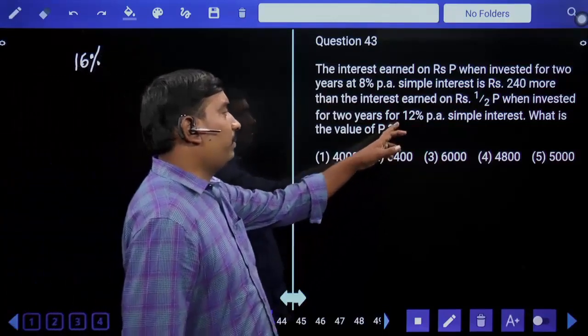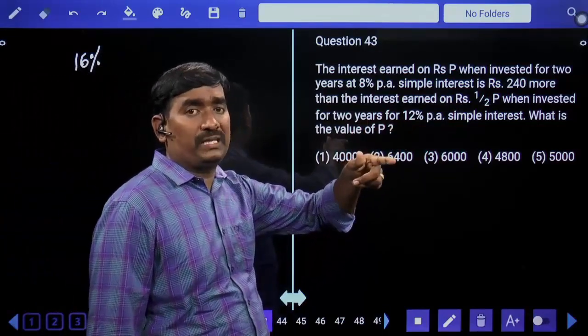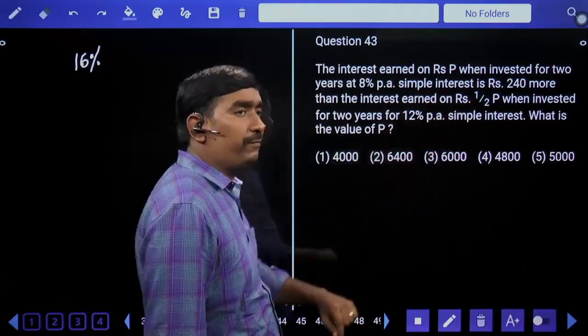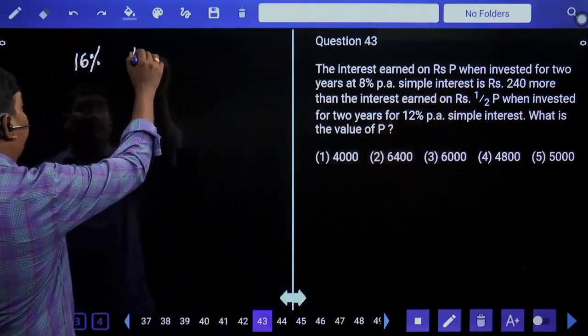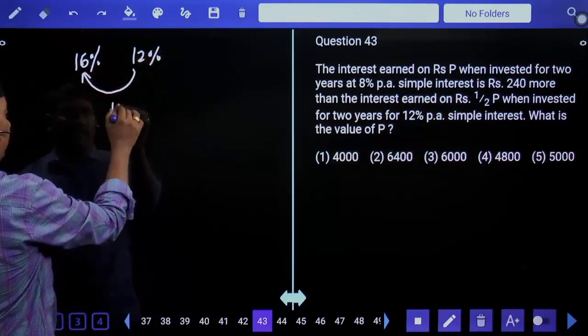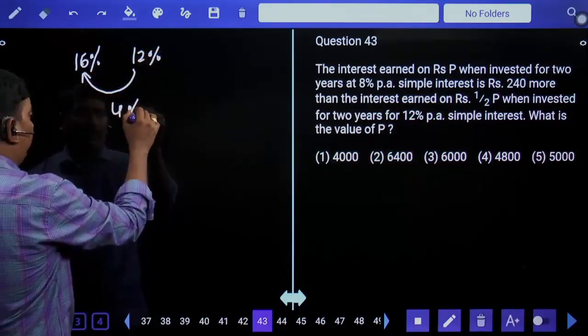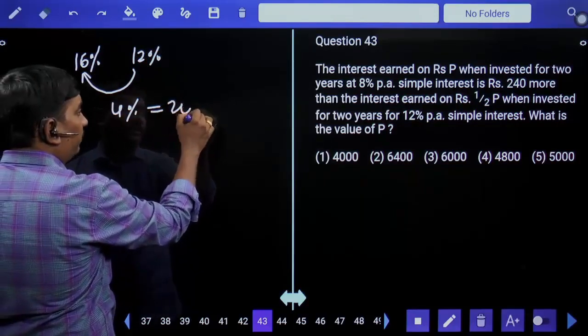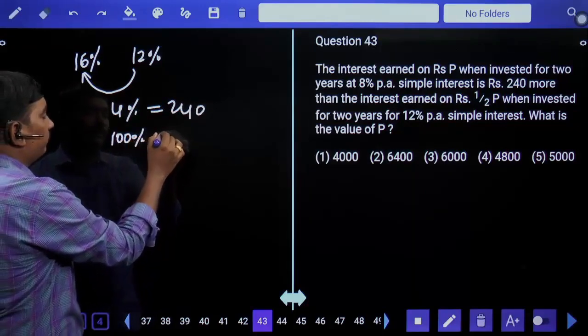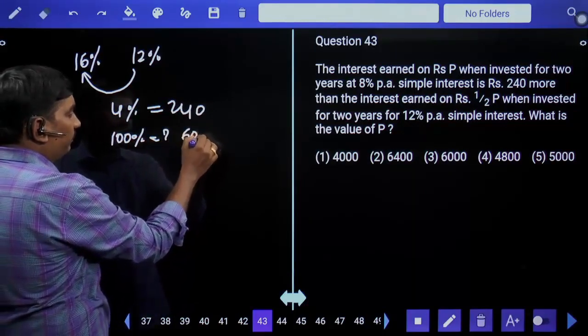For 1 year 12% means 2 years 24% on P, but it is half of P, then half of 24 means 12% in the second scheme. First one is 4% extra. That 4% value is given as 240 rupees. P means 100% by default. 6000 is your answer.